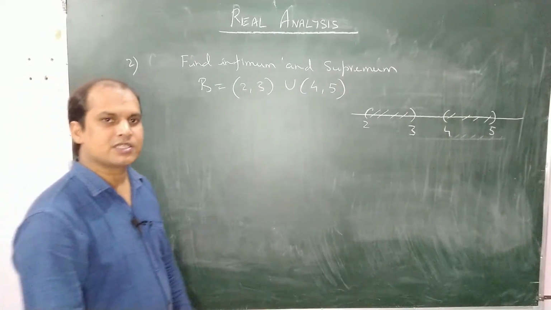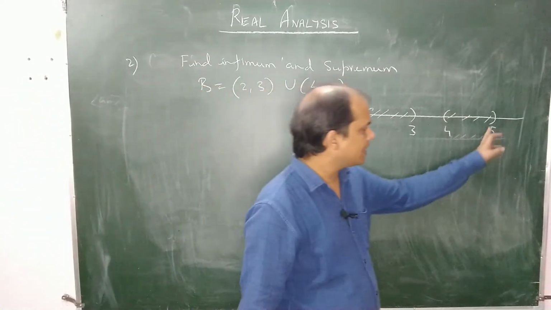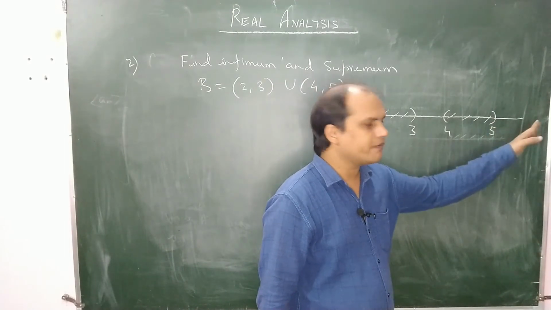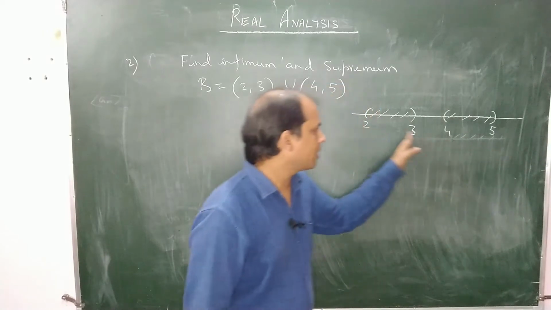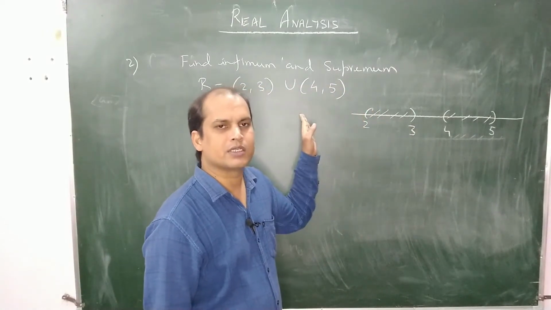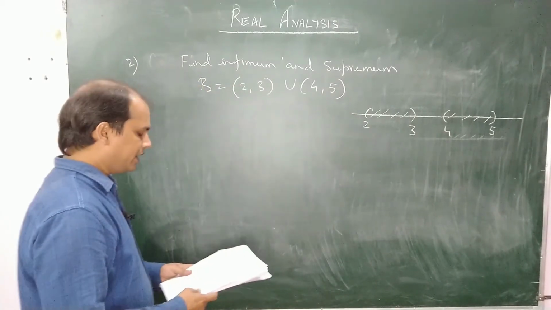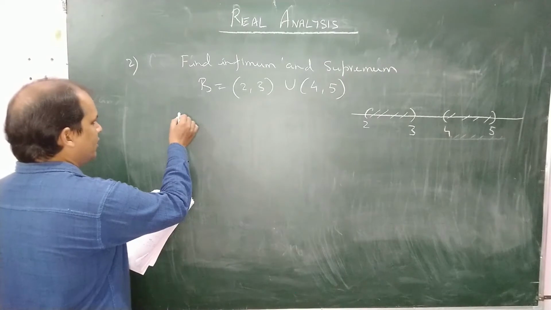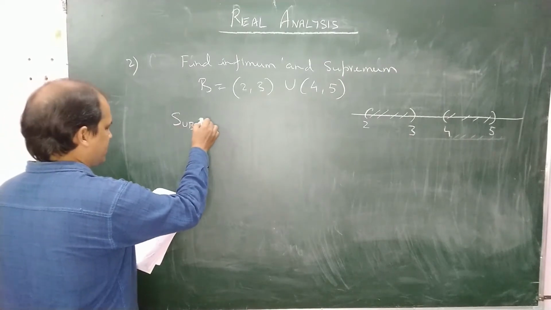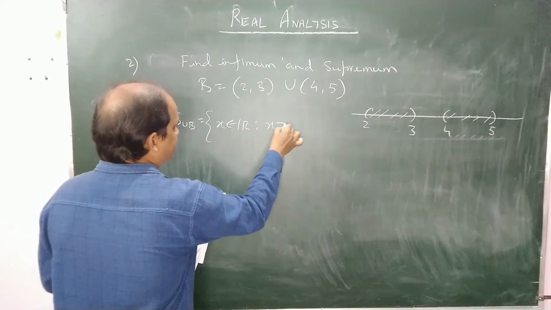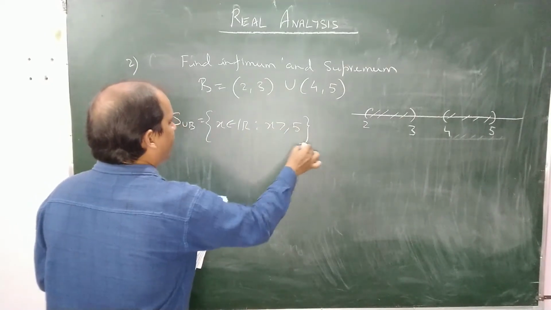Clearly this set is bounded. One can see that all numbers starting from 5 and above are its upper bounds, and all real numbers starting from 2 and lesser than 2 are its lower bounds. So let me write the set of all upper bounds of the set B: the collection of all real numbers x such that x is greater than or equal to 5.